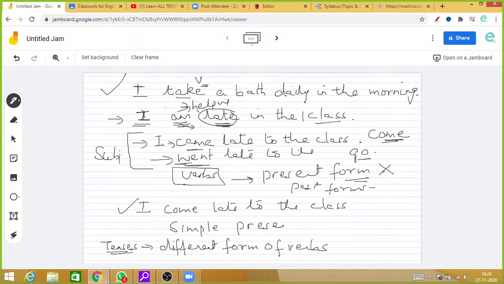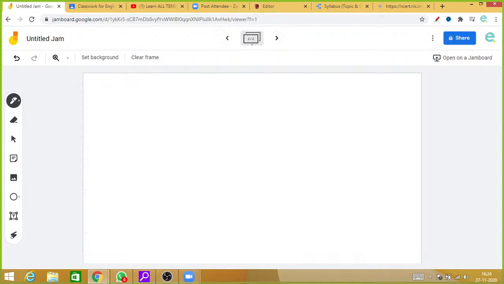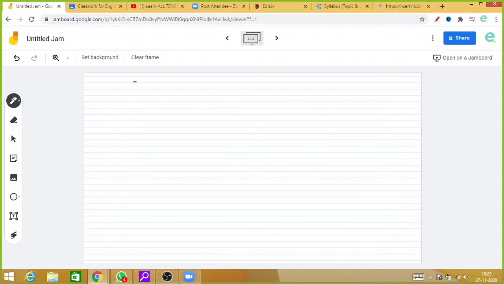Are you understanding? Okay, give me another example now after hearing this. Vaishnavi, give me another example of simple present tense. Give me one more sentence. Plants looking beautiful.